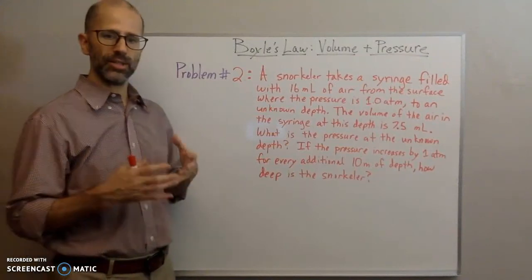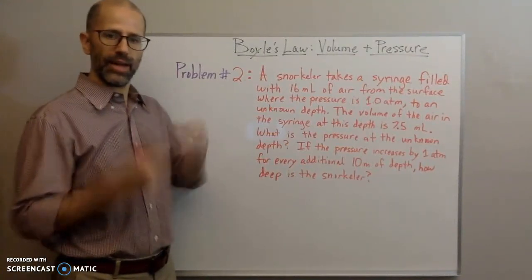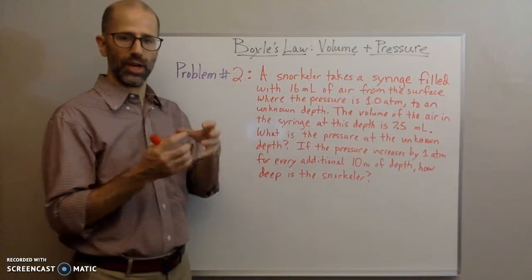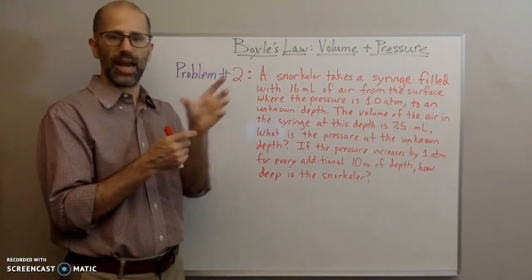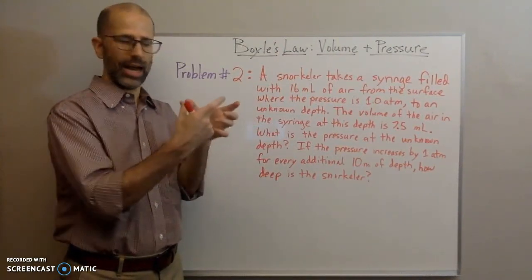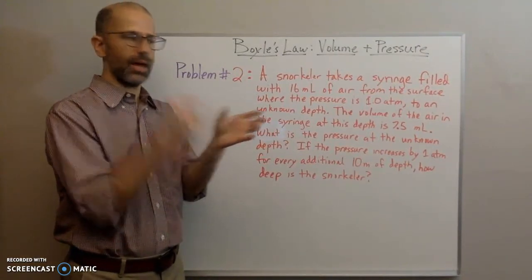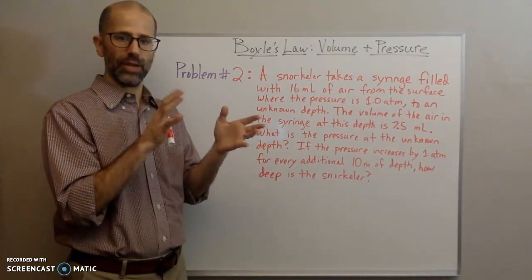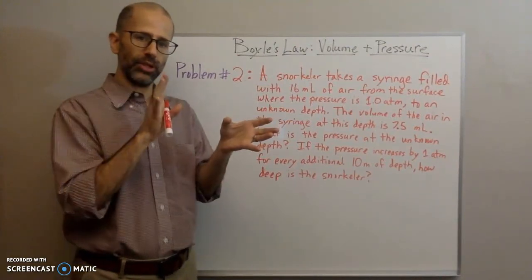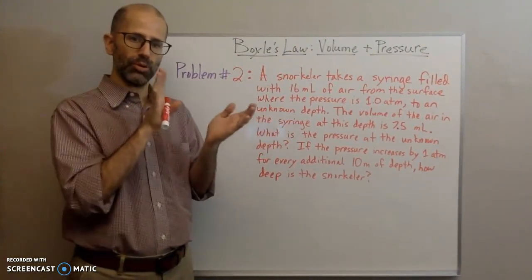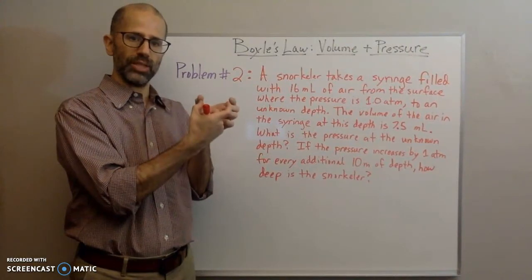So he first has a syringe that is filled with 16 milliliters of air. So the syringe has a gas in it, air, right? And so that air is measured to 16 milliliters. And that's based on the air pressure, right? So the stronger the pressure, the more the syringe will be pushed in, and so the volume will be decreased.